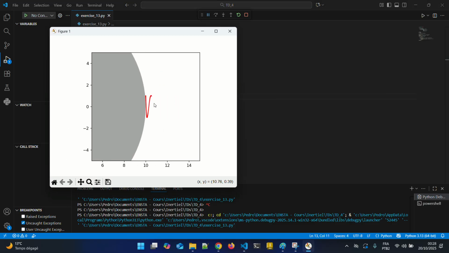This is what happens inside the inertial unit, what it senses as if it were in this position, the 0 position, R1 here.